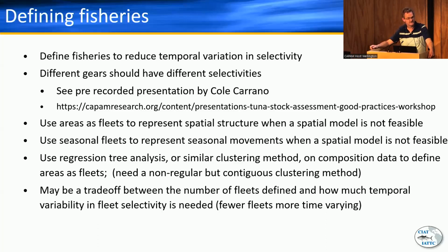Then use the areas-as-fleets approach to represent the spatial structure when a spatial model is not feasible, and also to represent seasonal movements in the same situation. This can be done by using regression tree analysis, like Haikun was presenting in the spatial workshop in the previous days, or some other clustering method, preferably one that's flexible and can create non-regular contiguous clusters.